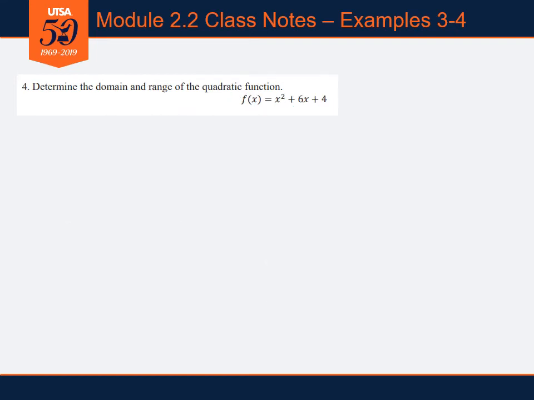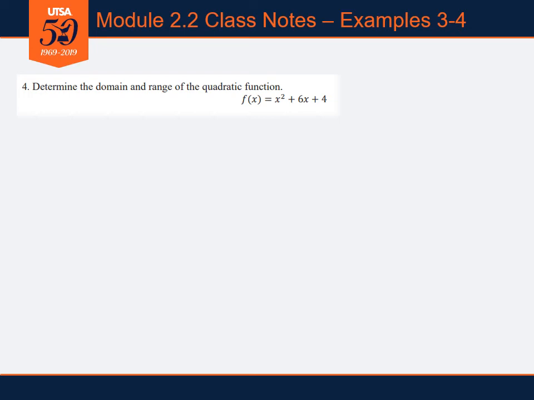Let's work another example here, determining the domain and range of this quadratic function. The only difference here is that this quadratic function is given in the ax squared plus bx plus c form. So it's going to be a little more work to find the information we need, but the information we need is the same. We need to know the direction of the parabola, whether the graph is opening up or down, and then we need to know the vertex to see where it stops at that maximum or minimum point.